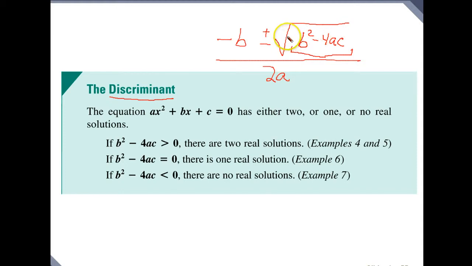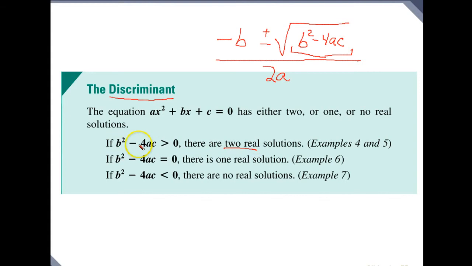If this is a negative number under here, remember we said you couldn't have a negative under the radical, but if it comes out as a negative, then there's not going to be any real solutions. That's this one right here. There are no real solutions. If this comes out to be a positive, then there are two real solutions.